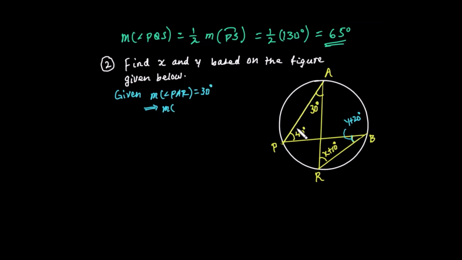Now the second review exercise question. In this figure, the angle of 30 degrees is an inscribed angle subtended by arc PR, so arc PR is double 30 degrees. Given the measure of angle PAR is 30 degrees, this implies the measure of arc PR is equal to 60 degrees. Second, given the measure of angle APB is equal to 40 degrees, this implies that the measure of arc AB is equal to 80 degrees.